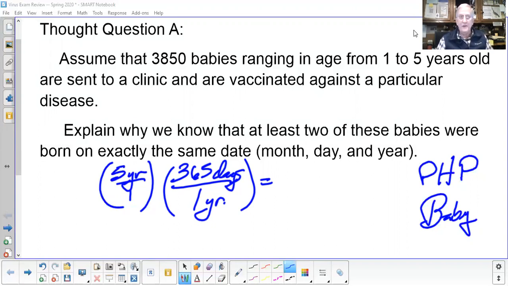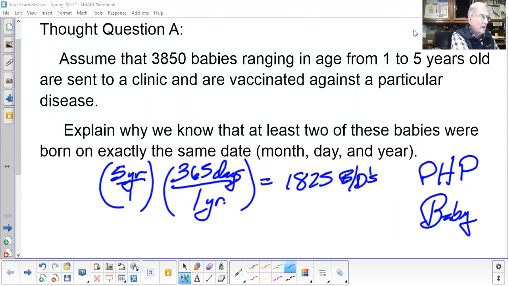All we have to do is take 365 days, take your calculator, times 5, and we find that there's 1,825 potential birth dates over the 5-year period of time.